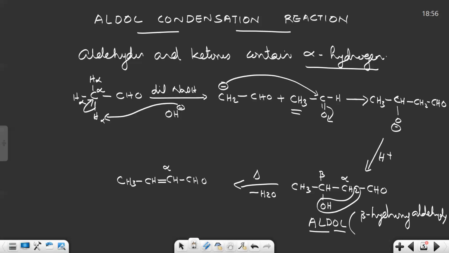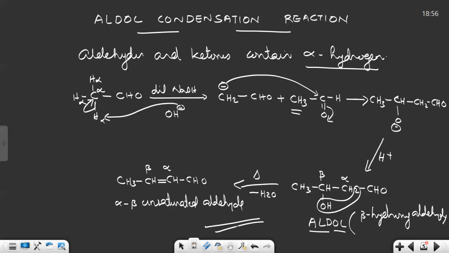Here this is alpha, this one is beta. You get an alpha, beta unsaturated aldehyde. And this reaction is known as the aldol condensation reaction.